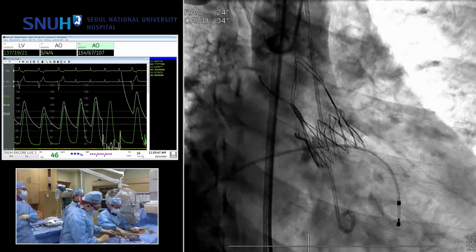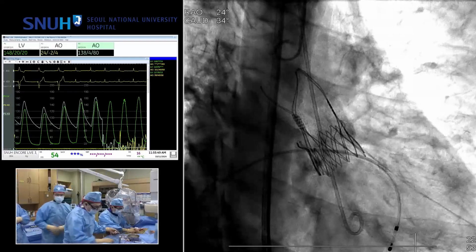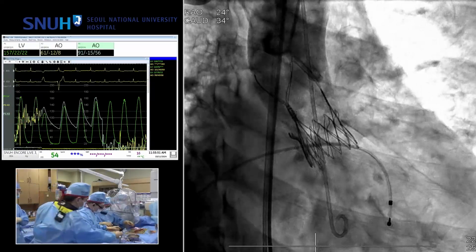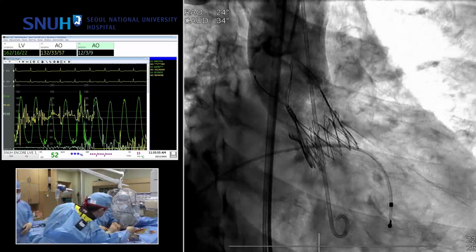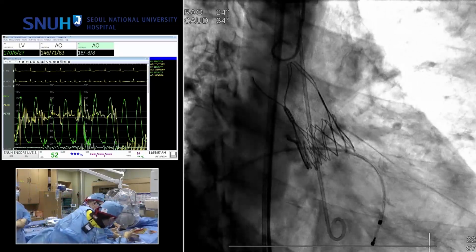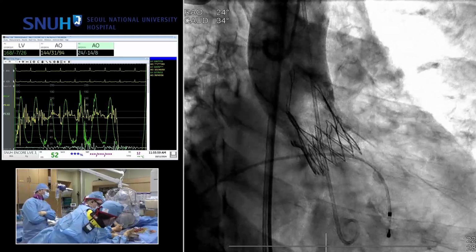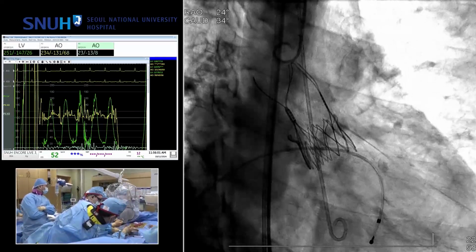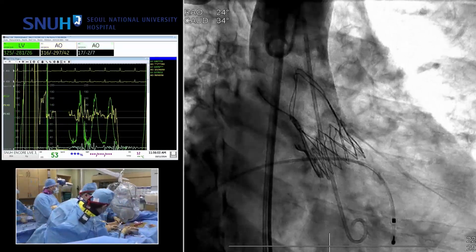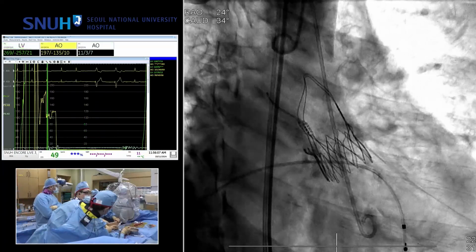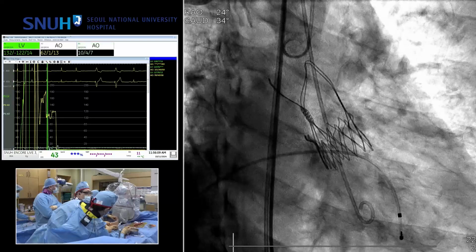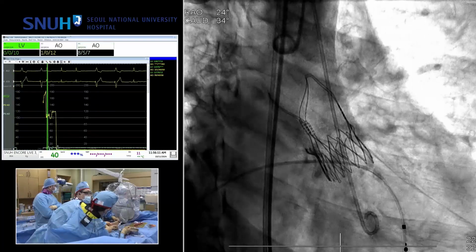At this time, when you look at the aortic pressure in the hemodynamics, did you see the dicrotic notch clearly in the aortic pressure? Presence of the aortic notch is an indirect sign of no significant paravalvular leakage or aortic regurgitation.